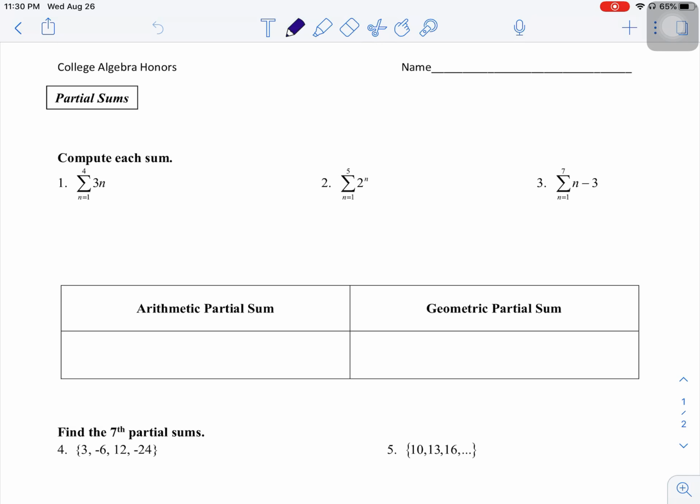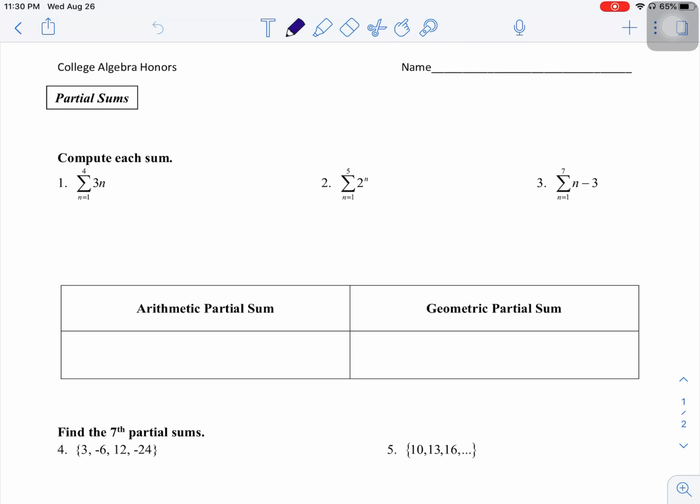Most of the problems that we're dealing with don't fit that category, and so we're doing what's called a partial sum, which means we're just going to look at one chunk, one part of the sequence, to find its sum.